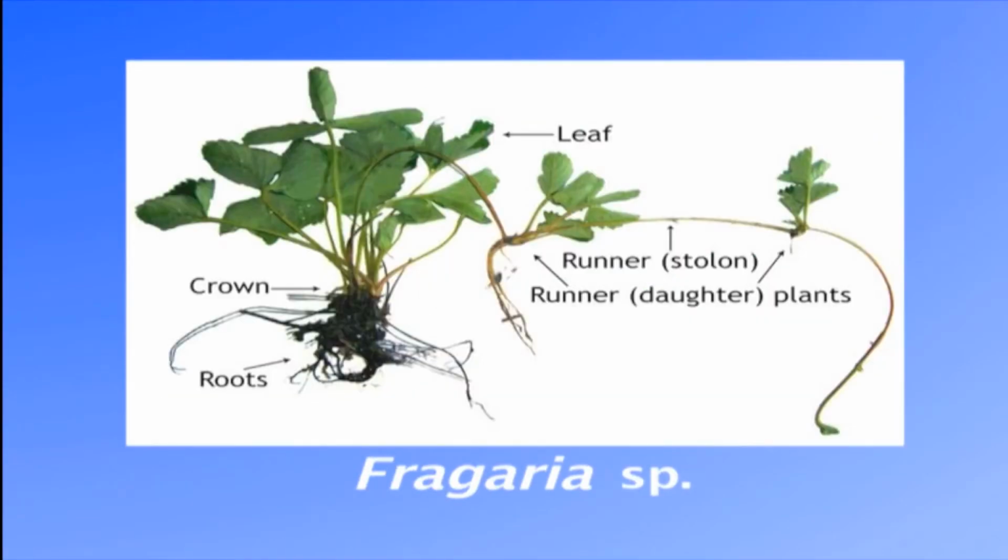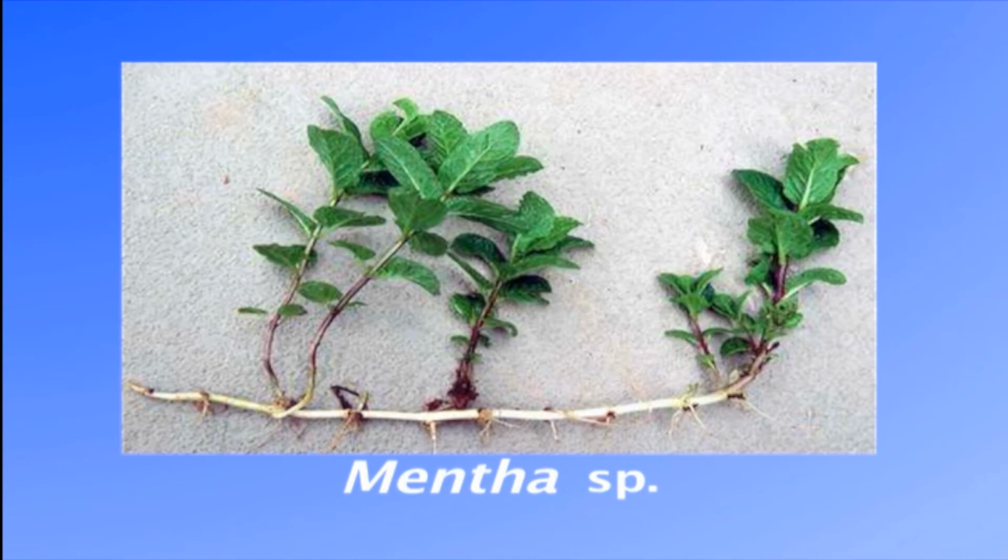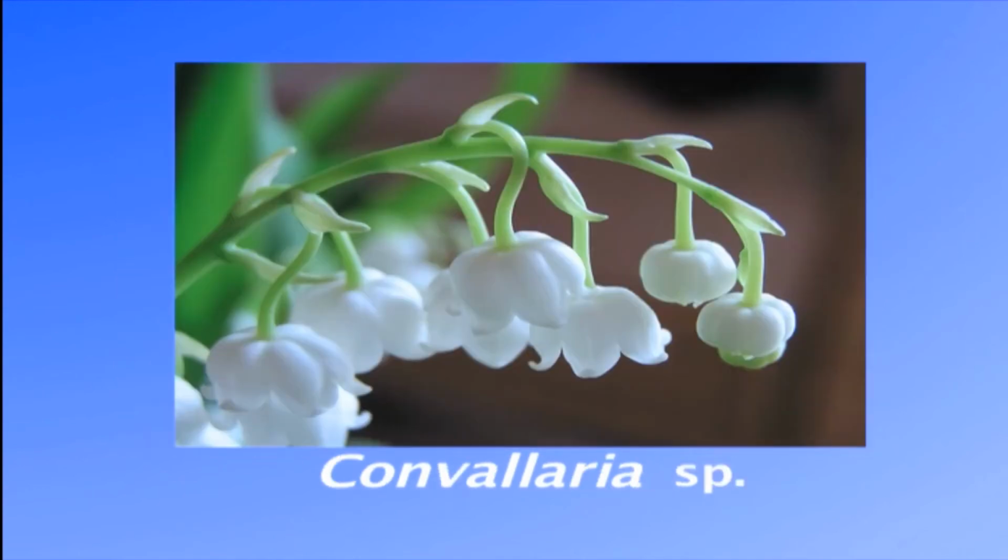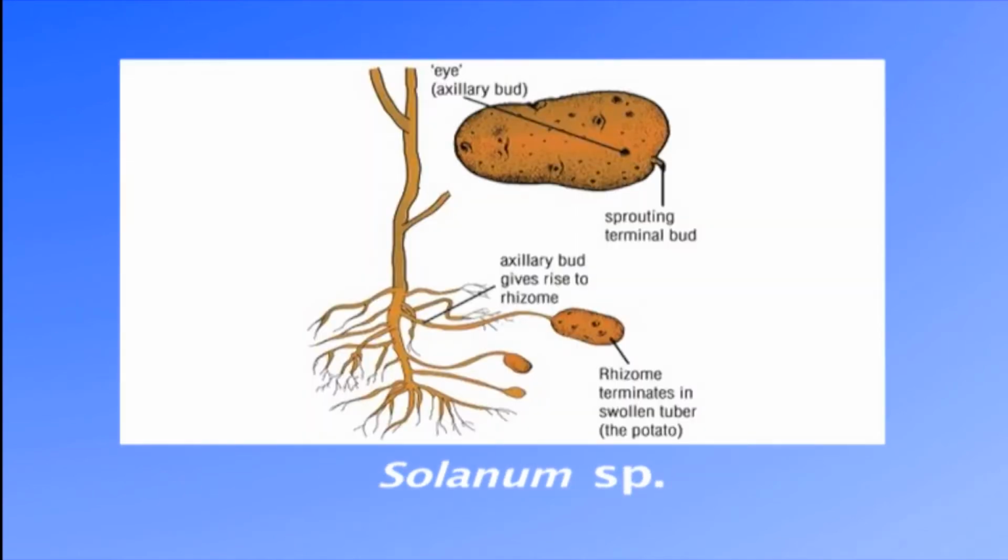This modified form of stem is known as stolon, and the plants possessing them are called stoloniferous. They are often called runners and include plants like cynodon, fragaria, ajuga, mentha, convallaria, solanum, etc.